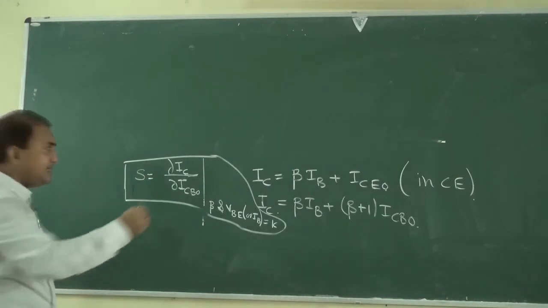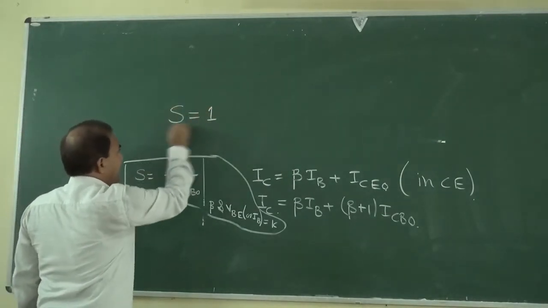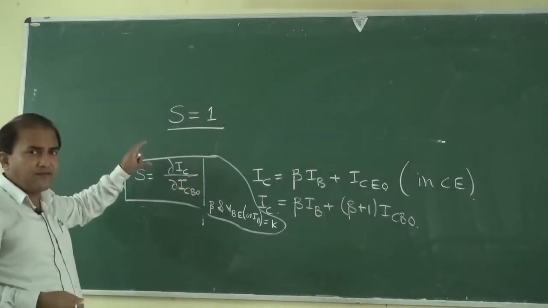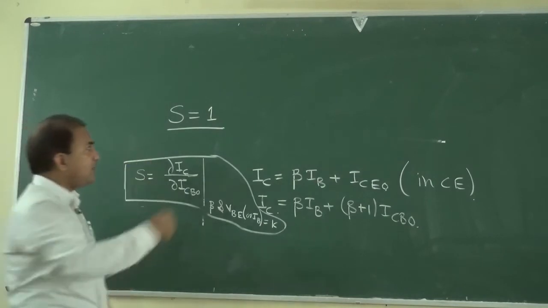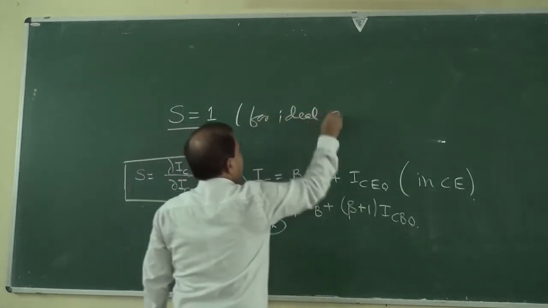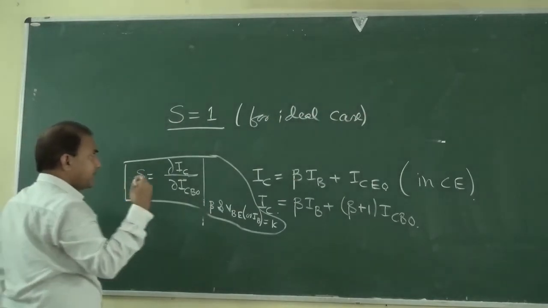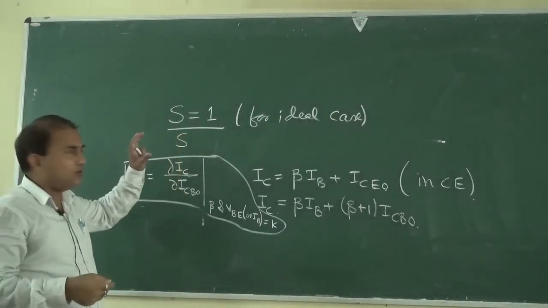So from this expression, it is clear that S is equal to unity for the ideal case. So the stability factor in the ideal case should be 1. But in the practical case, S is not equal to 1.